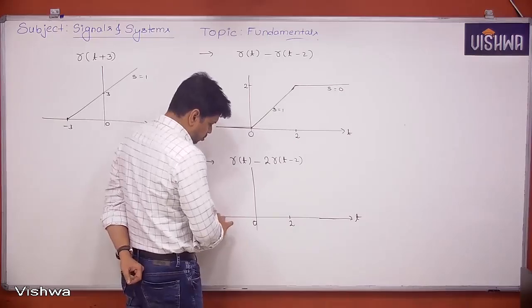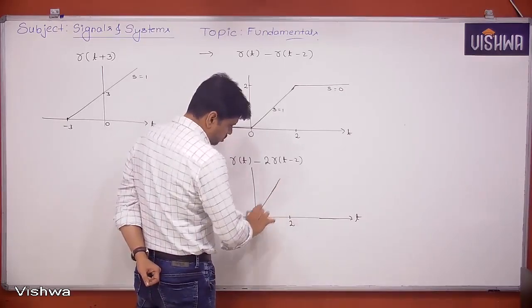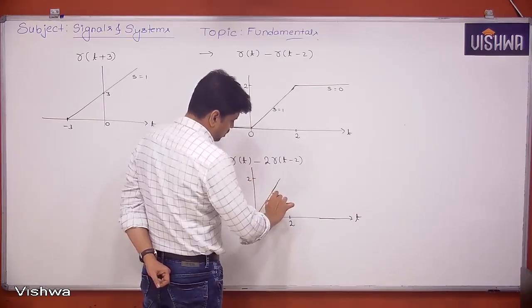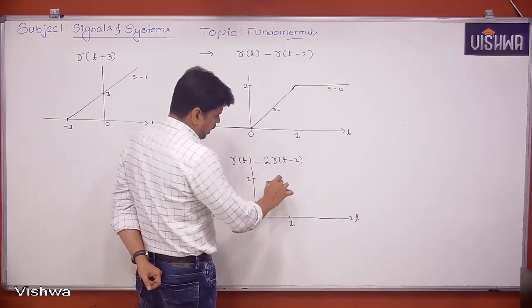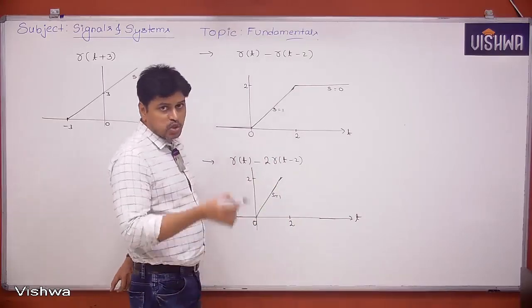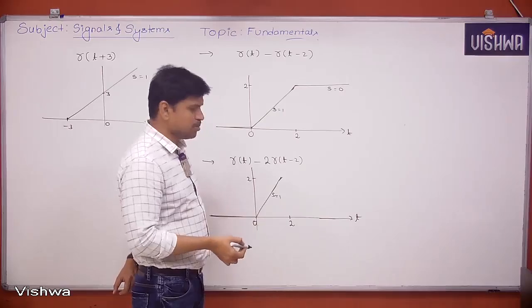Up to 0, slope is 0. After that, slope 1. Slope 1 means it will go to 2. This you already know. But at 2, how much slope is introduced? Actually minus 2. Already slope is 1. If I am introducing minus 2 slope, then the final slope will become minus 1.